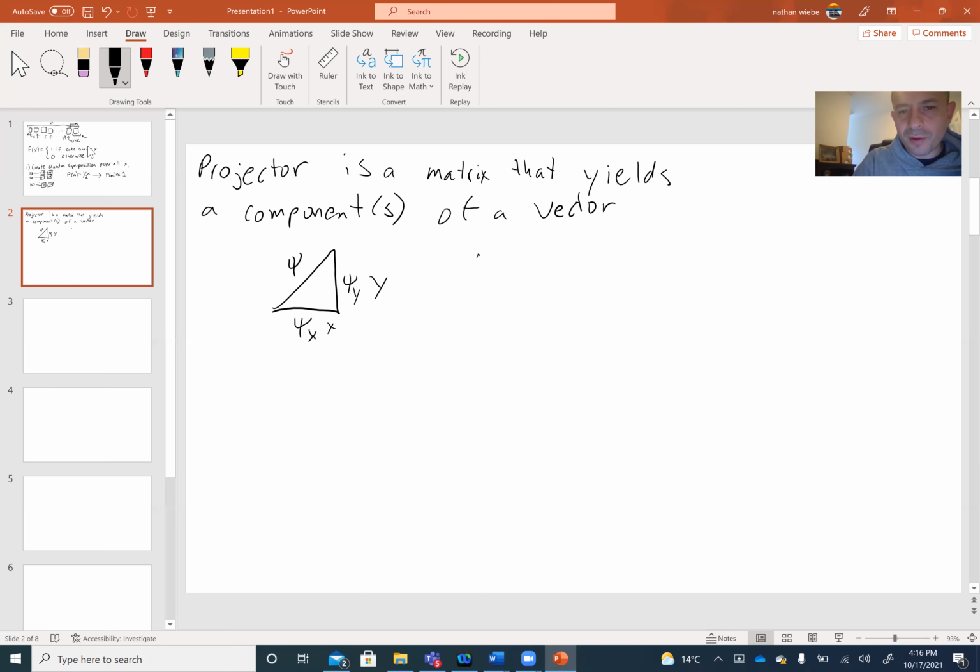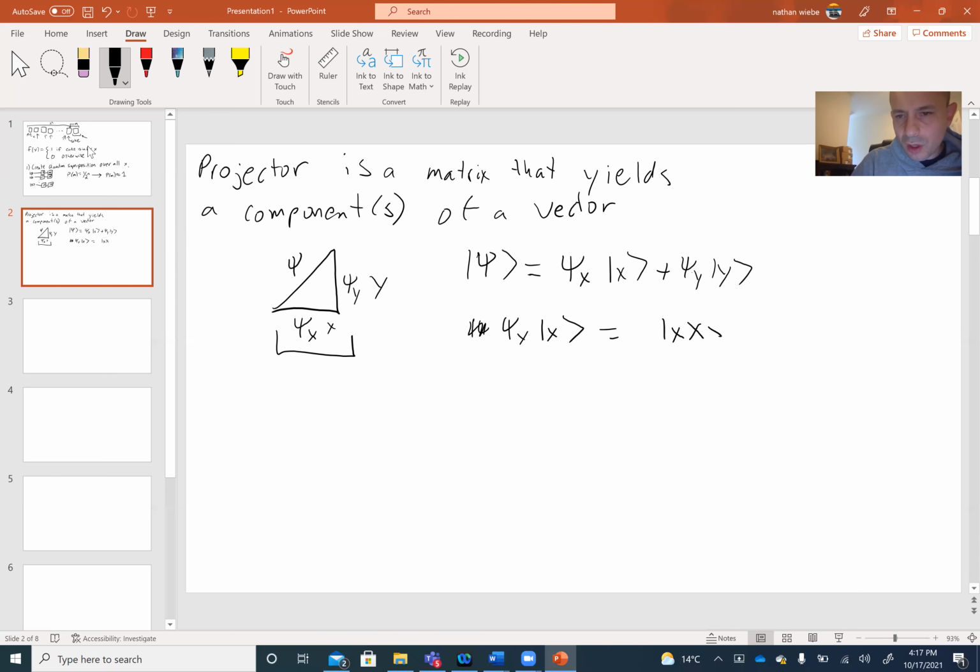So if I express this in Dirac notation, then the vector, well, I'll say it's a unit vector, psi is equal to psi x |x> plus psi y |y>. Okay, but another way that we can write this is that psi x, as in this component down here, is then equal to the projection onto x of psi.